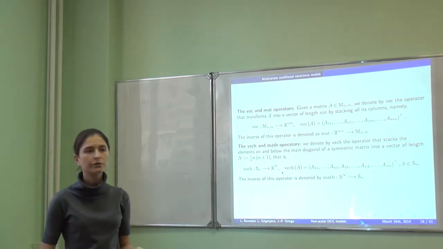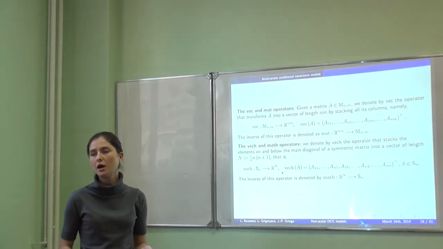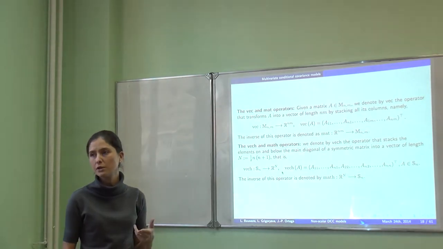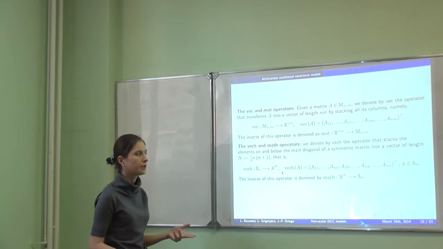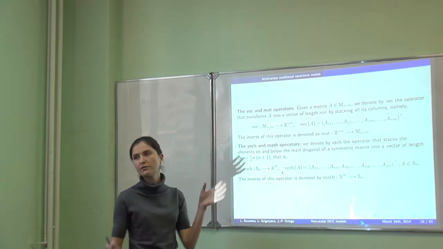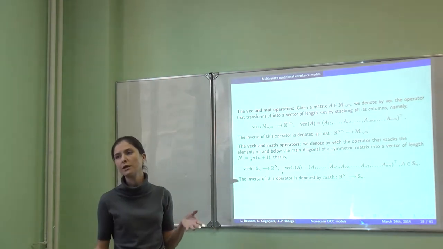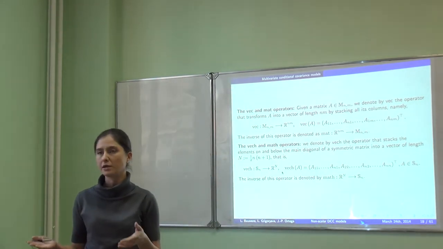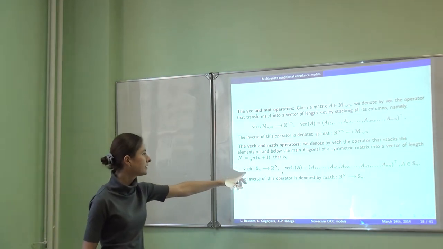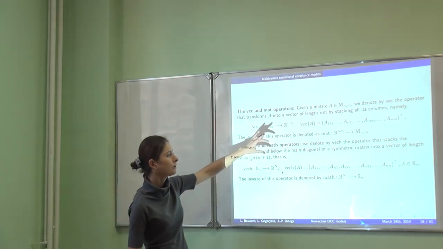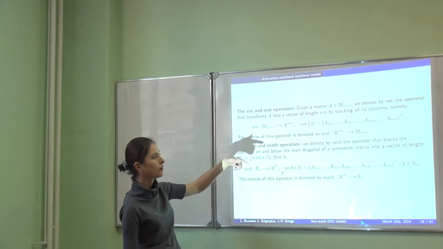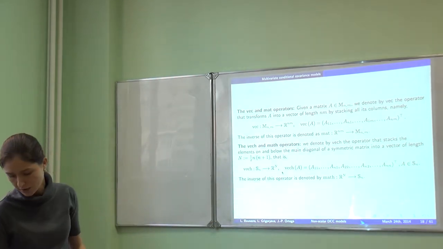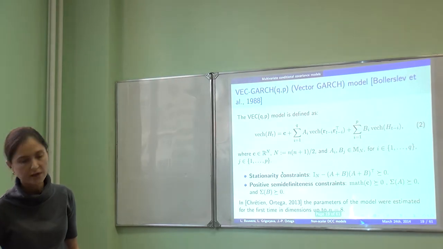So to construct a model for such matrix processes, and to come up with the parameters for these models, the only information we need is the lower triangular part of the matrix, including the main diagonal, because the upper part is symmetric. The VECH operator stacks all the elements on the main diagonal and below it into a vector, nothing more, and MATH is just the inverse: given a vector, we can construct a symmetric matrix.